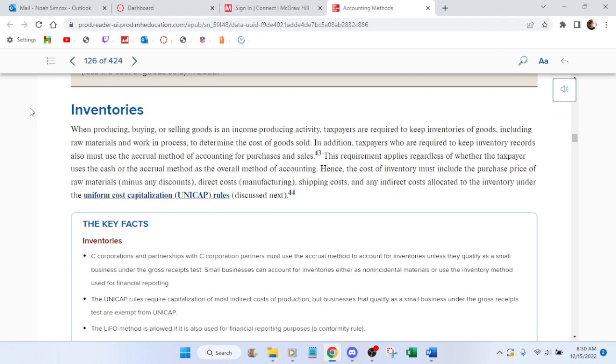Okay, so regardless of whether the taxpayer uses the cash or accrual method, you must use the accrual method for accounting for inventories. All taxpayers must use the accrual method for accounting for purchase and sale of inventory.